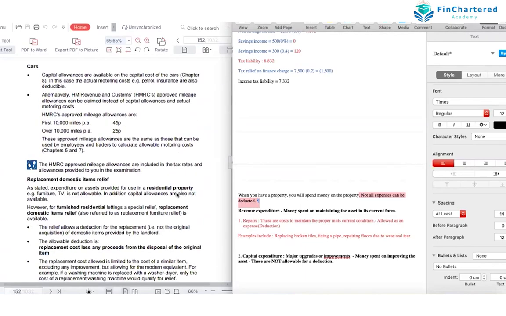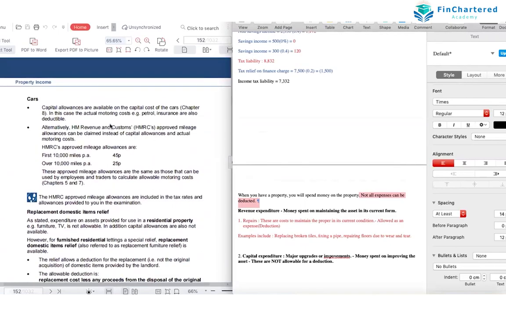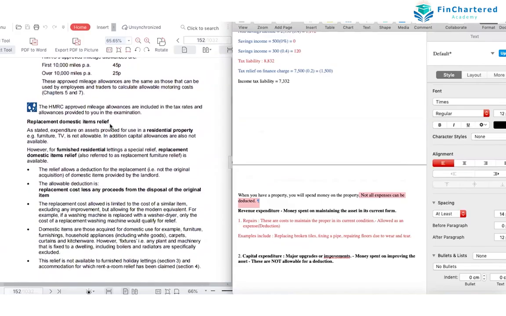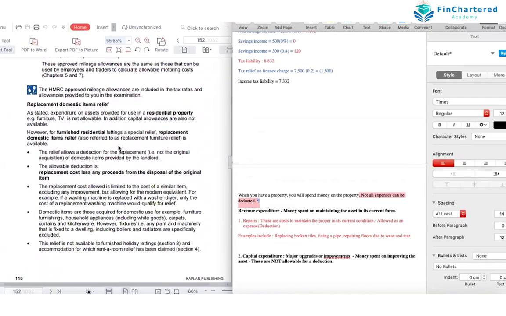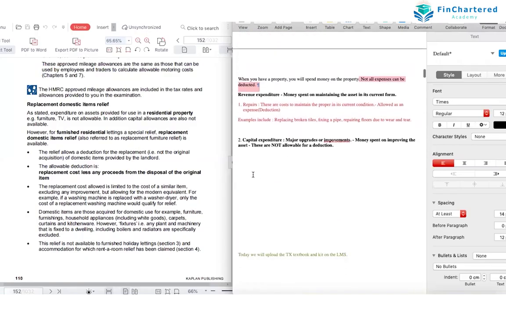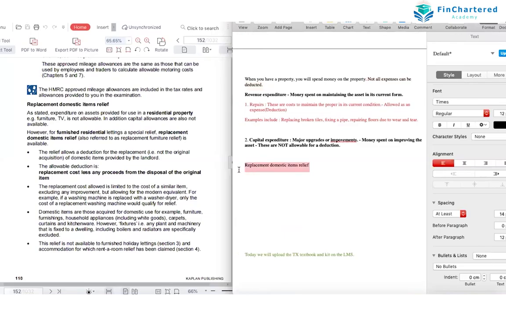Now we're talking about replacement. I'll come back to cars, but we're talking about replacement of domestic items, which is replacement domestic items relief. Say, for example, you have a fridge.